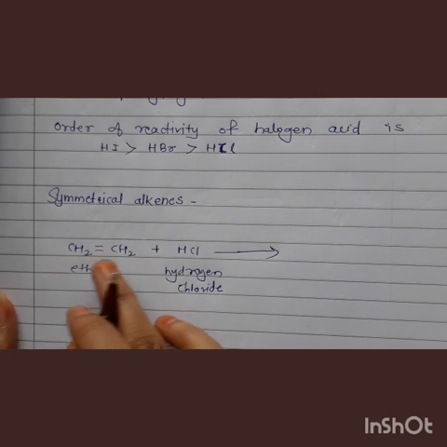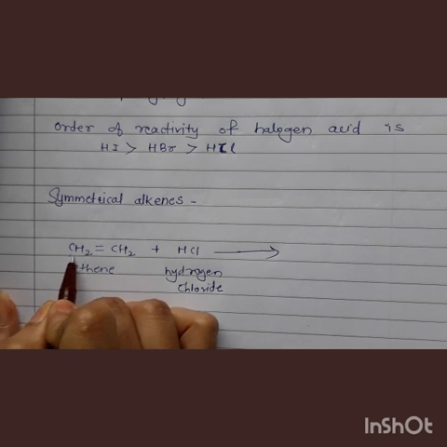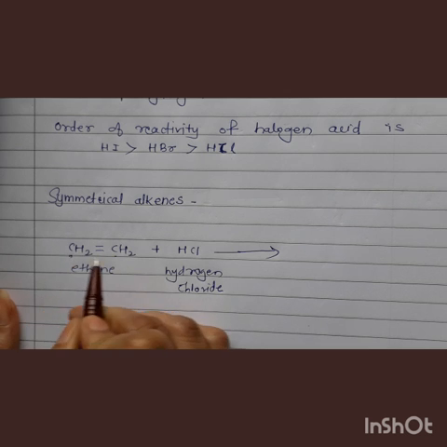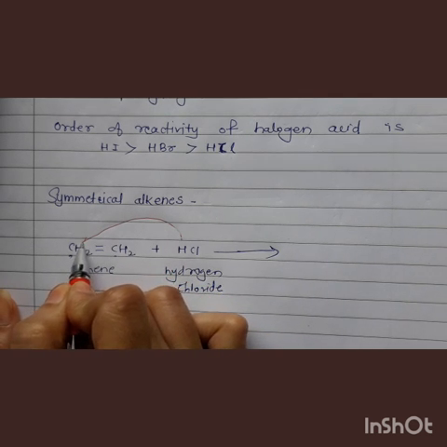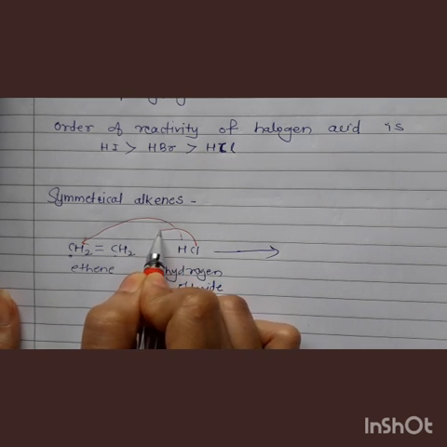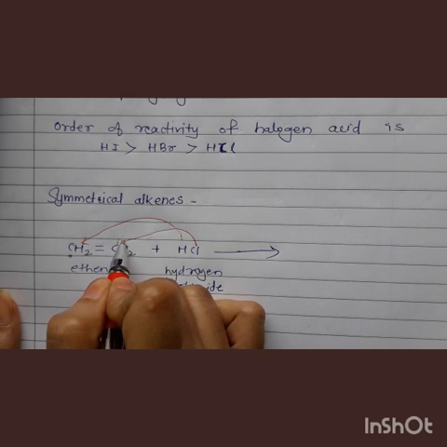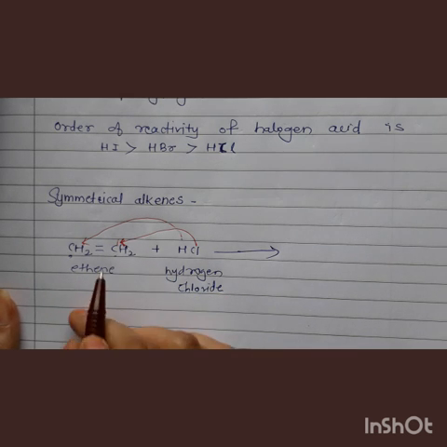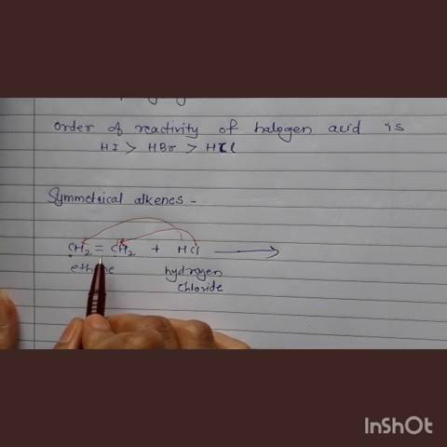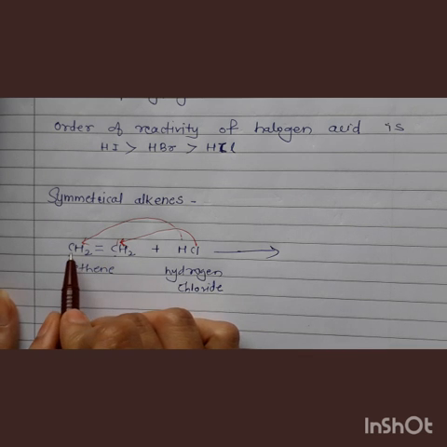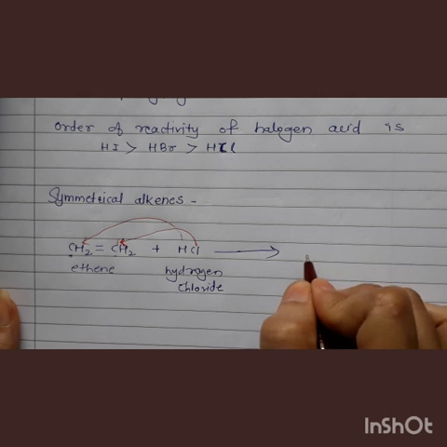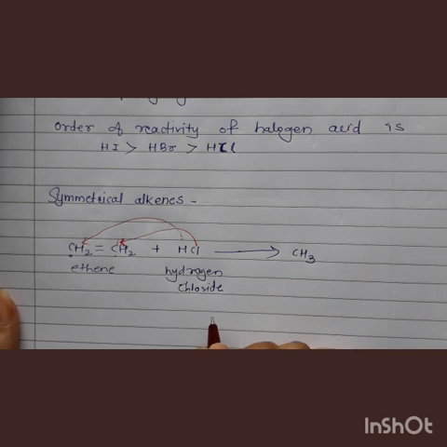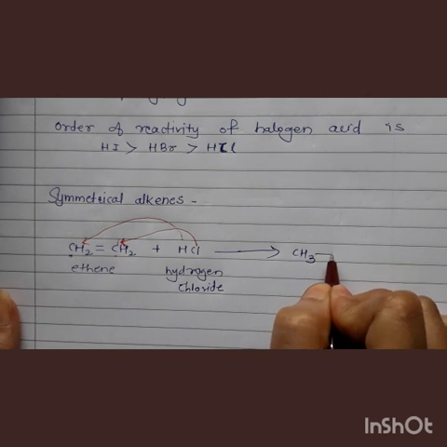Now this alkene is symmetrical, that means both the carbon atoms are similar. So on one of the carbon atoms this hydrogen atom will be added, and on the other carbon atom this chlorine atom will be added. Then the double bond present in ethene will get reduced to a single bond. Here CH2 is already there, this hydrogen will be added, so it will become CH3, and the double bond will become a single bond.